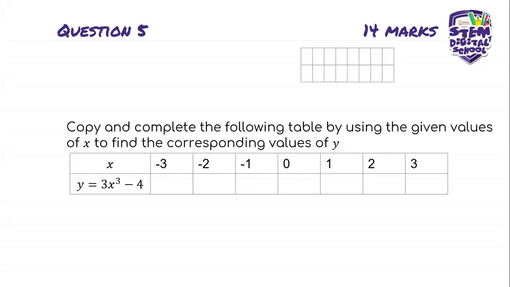Everyone complained about this section. So if x is 0, then you have 0 minus 4, which is negative 4. So if x is equal to 0, then y will be equal to negative 4.